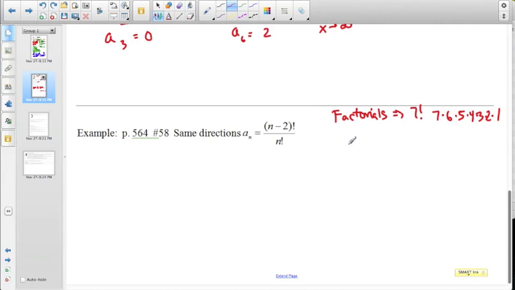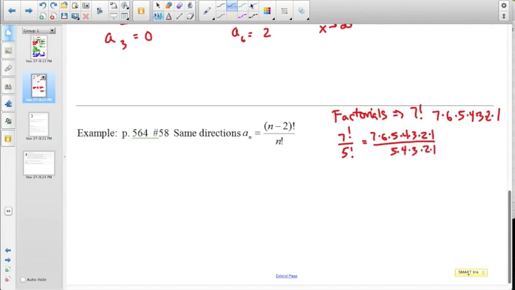And so when we talk about working with factorials and fractions, 7 factorial over 5 factorial ends up being 7 times 6 times 5 times 4 times 3 times 2 times 1, over 5 factorial, which ends up being 5 times 4 times 3 times 2 times 1.